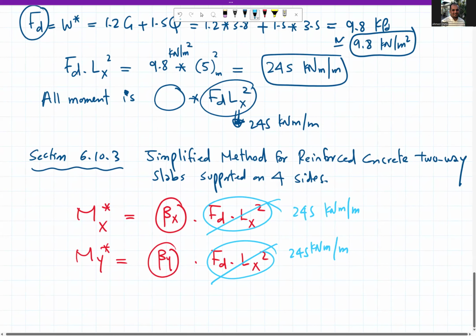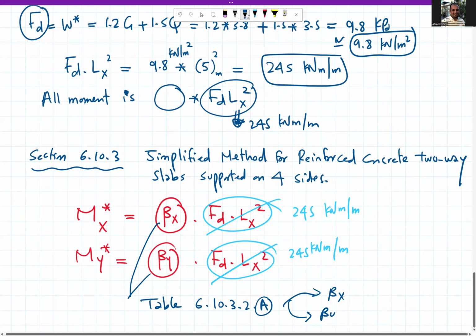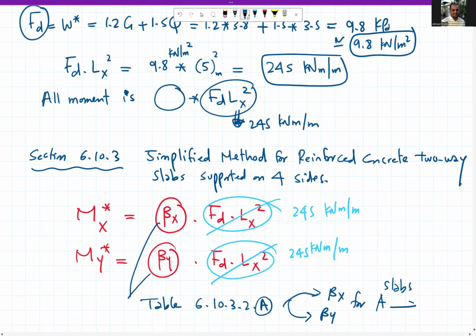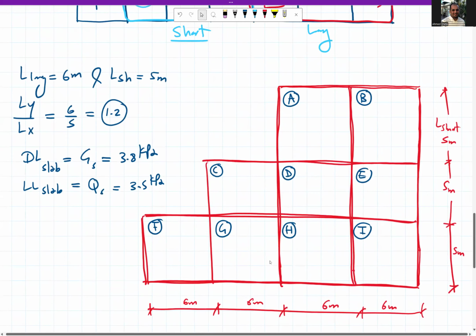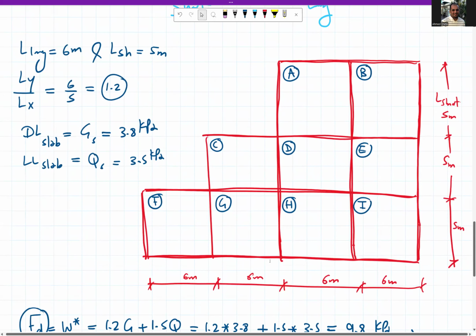So what I will do now is just go to the standard table 6.10.3.2a to find the values of beta x and beta y for the slabs A to H. Okay, so as you know, to know the factors beta x and beta y, we need to find the edge condition for the slabs.